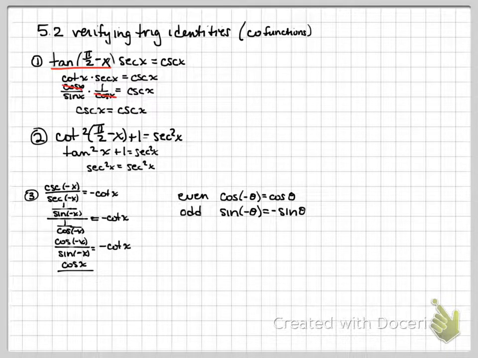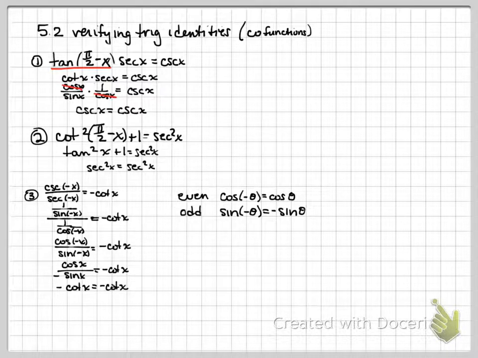Sine of negative x is negative sine x to equal negative cotangent of x. And now I see my cosine over sine, and I see my negative out in front, and I can rewrite that as negative cotangent of x equals negative cotangent of x.